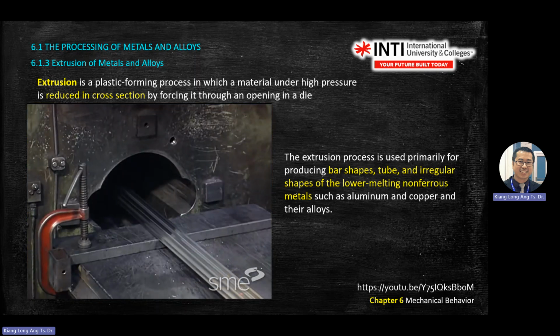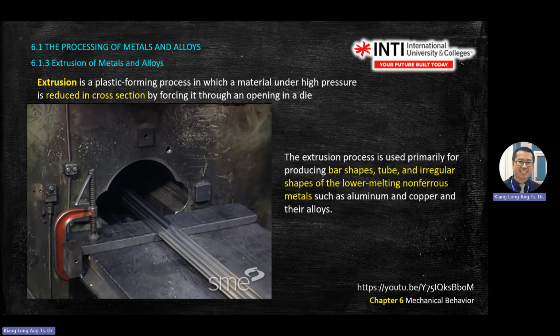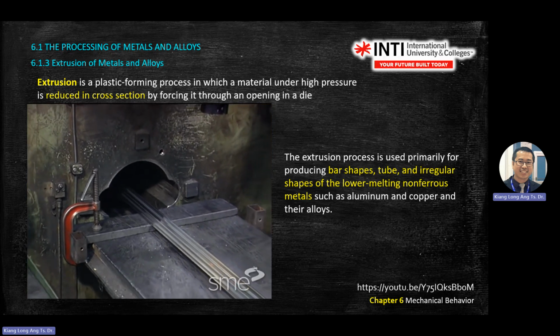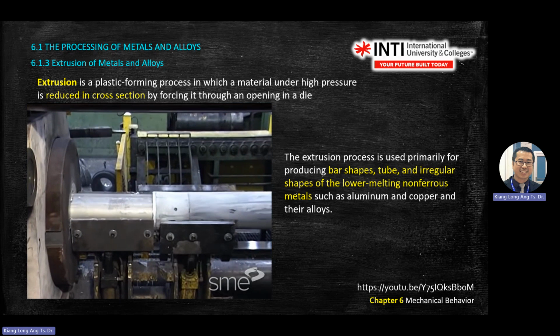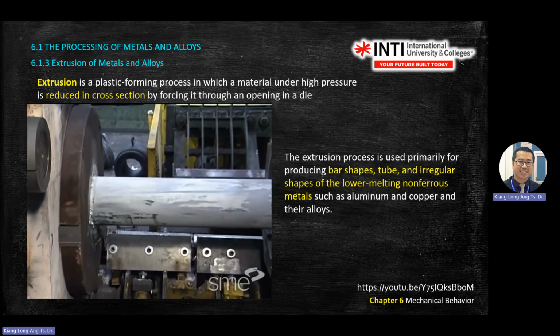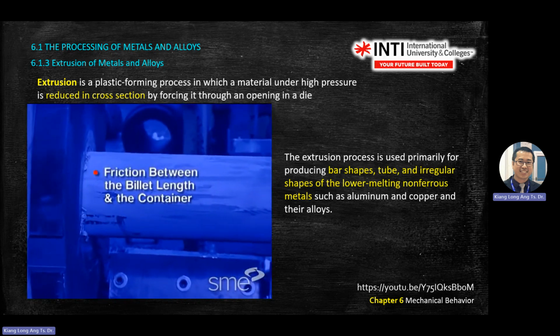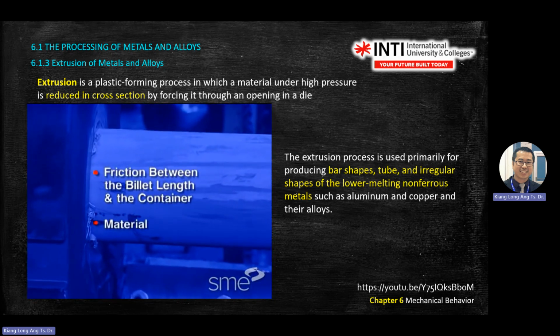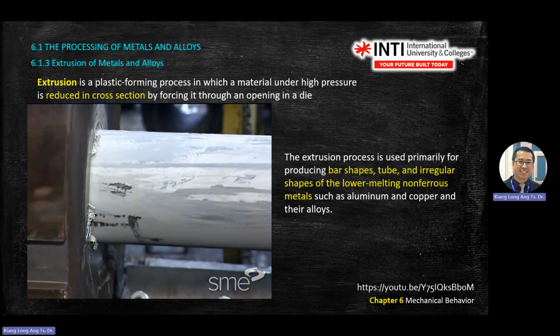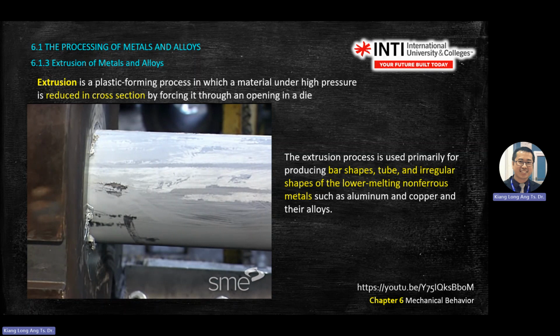Metal flow from the die is in the same direction as the forward motion of the ram. Since the surface of the billet slides along the wall of the container, extrusion force depends on the friction between the billet length and the container and the material. The friction portion of the force can be reduced by using lubrication.